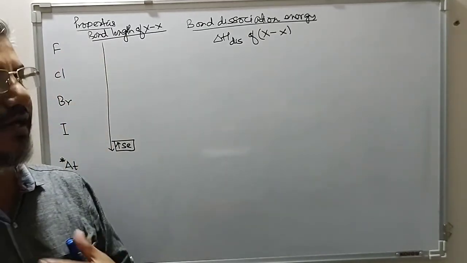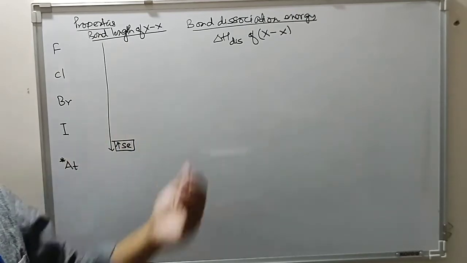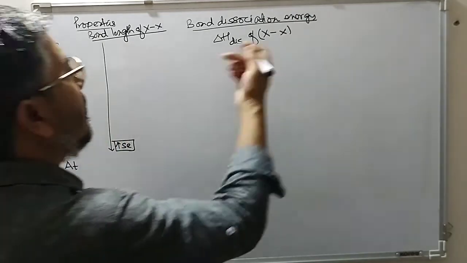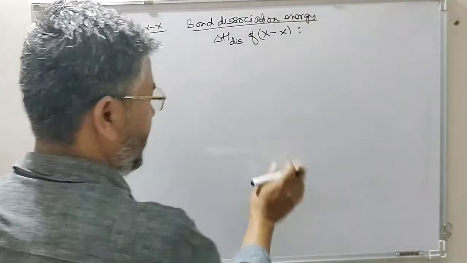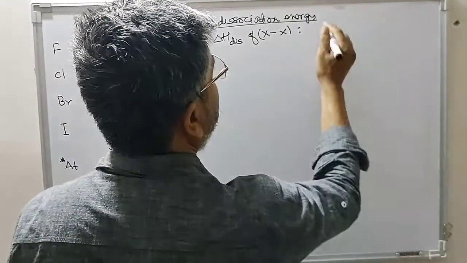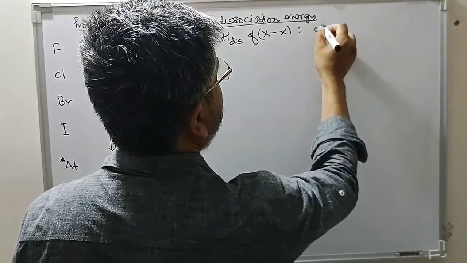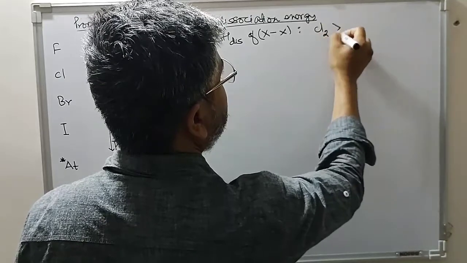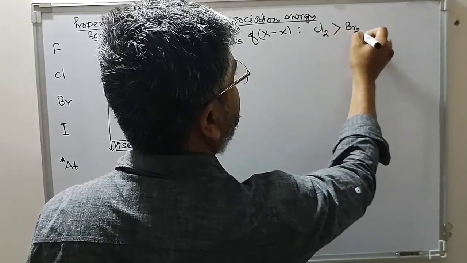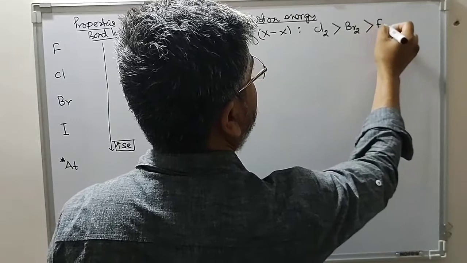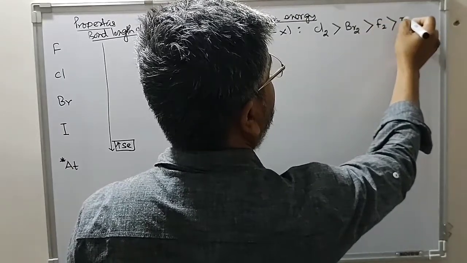But look at this, the bond dissociation energy order of these halogens appears as Cl2 is greater than Br2, which is greater than F2, than I2.